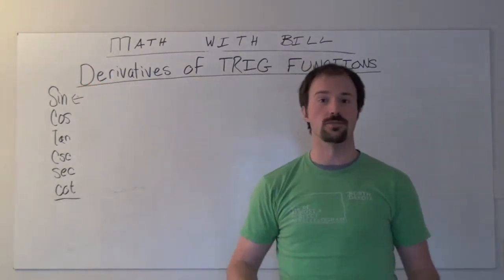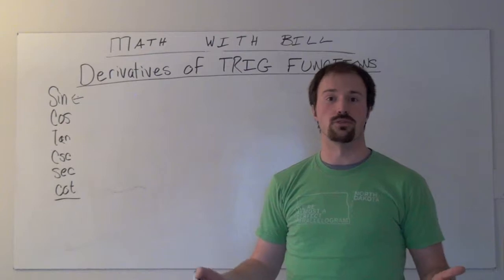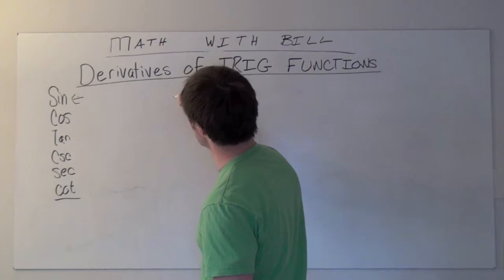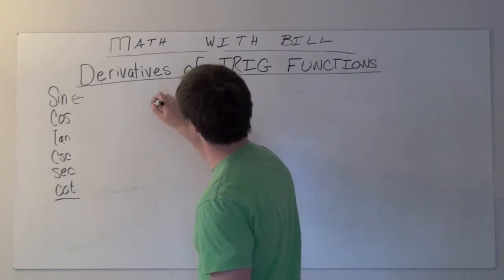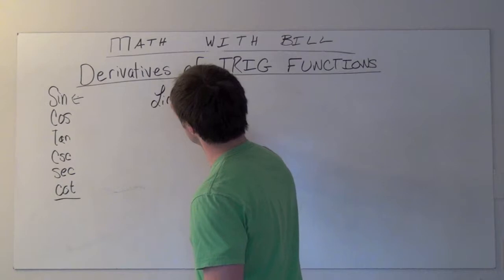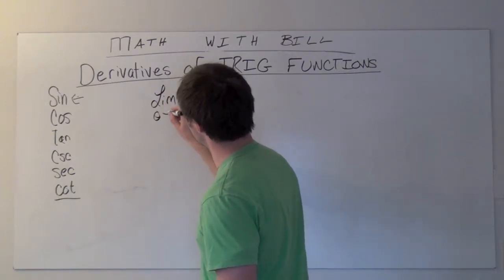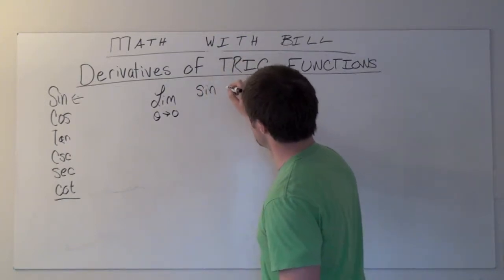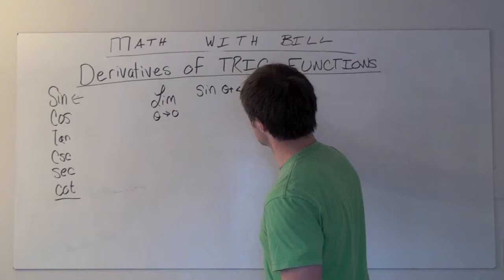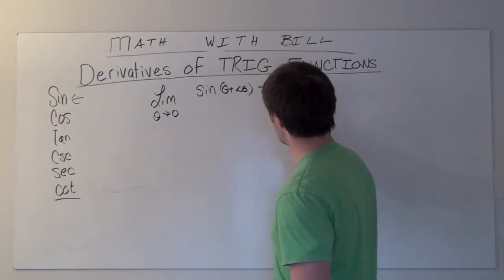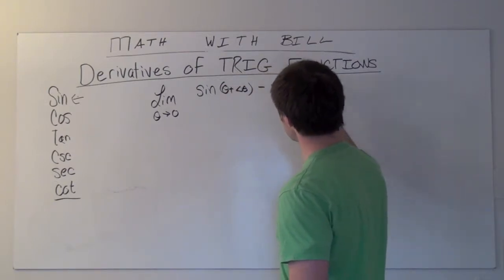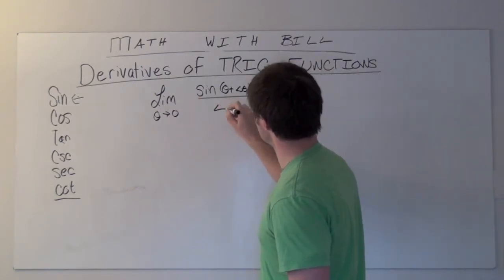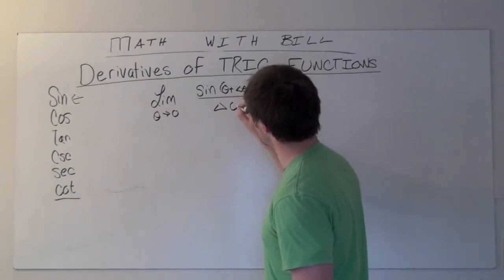the sine function. So, we're going to set up a difference quotient. For those of you in calculus, this shouldn't be anything new. We're going to take the limit as delta theta approaches 0 of sine of theta plus delta theta minus sine theta, all divided by delta theta.